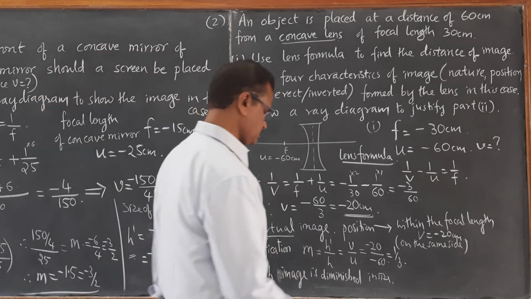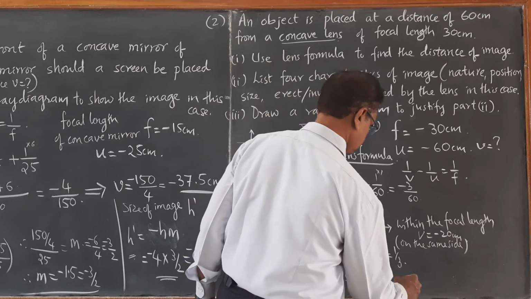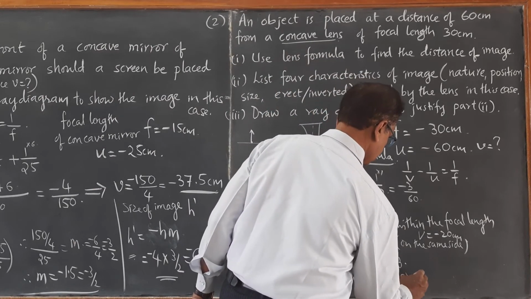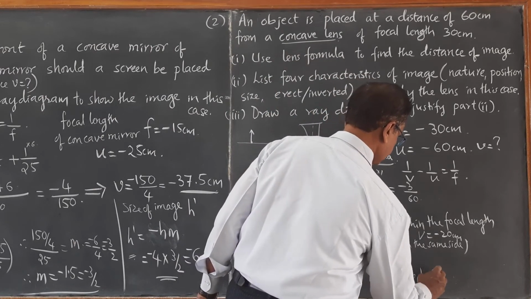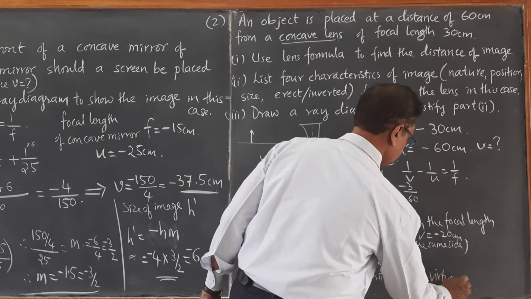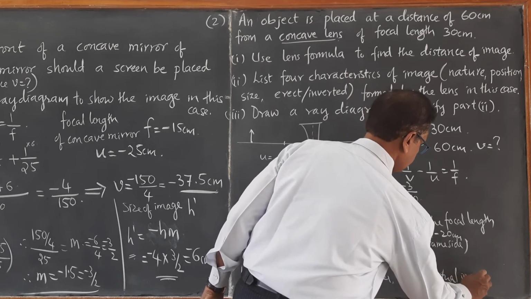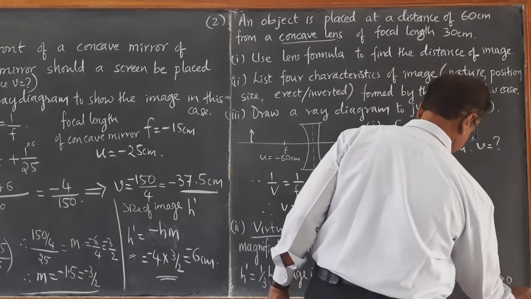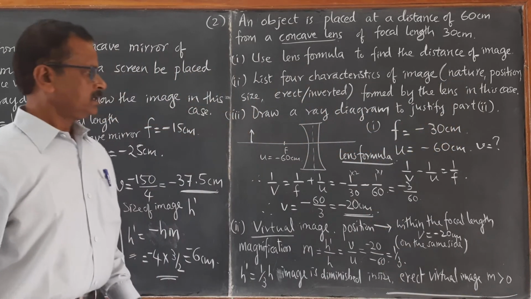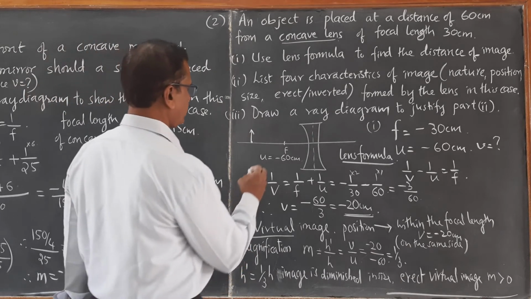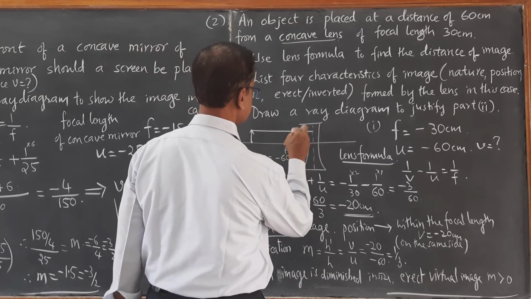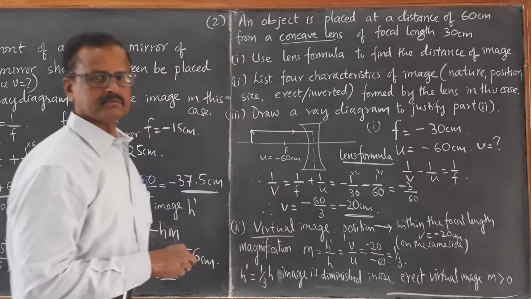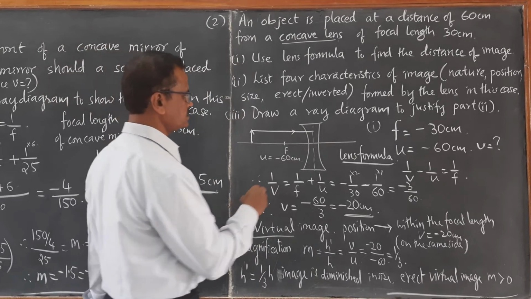So this implies it is an erect virtual image, since M is always positive. Then the ray diagram, as I have done already in the previous case. A ray of light parallel to the principal axis.